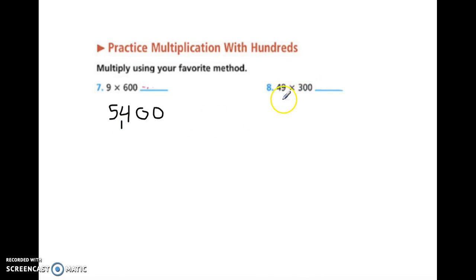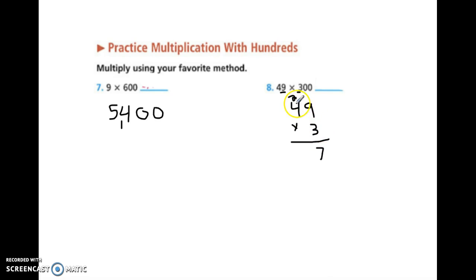How about this one? 49 times 300. Well, I'm going to do 49 times 3 first. So a 2-digit by 1-digit. It's been a while since we've done these. 49 times 3. 9 times 3 gives me 27. Carry my 2.